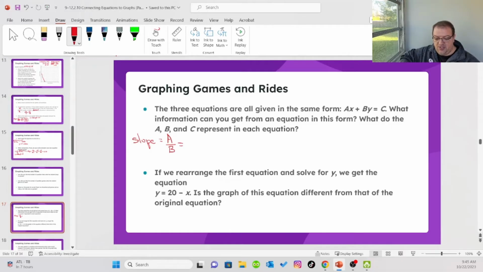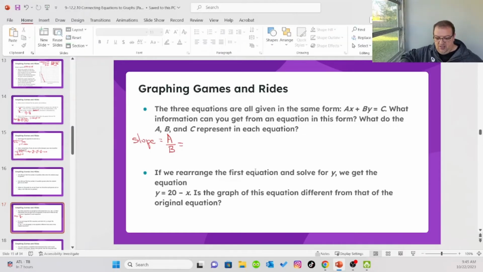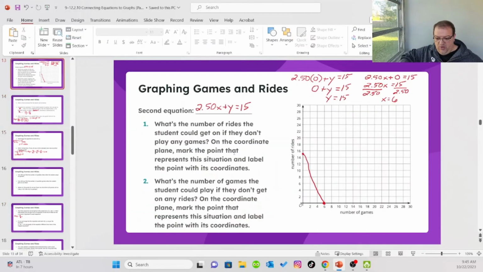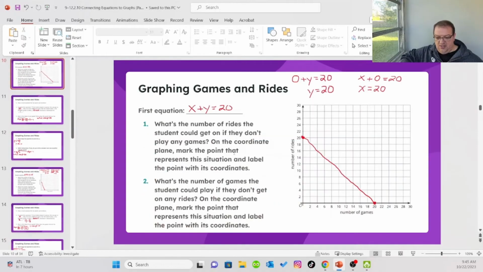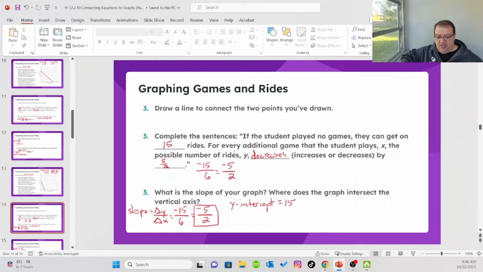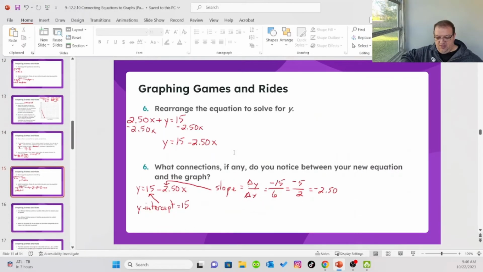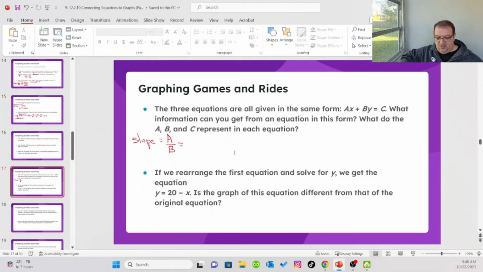So in the first equation, if you noticed, we had 1 as our a and 1 as our b. And we need to take negative a.